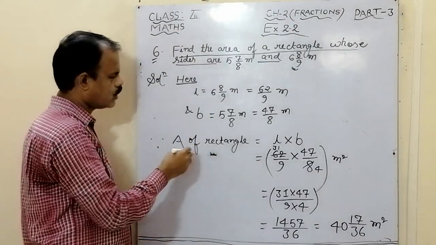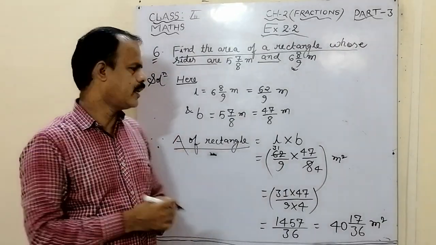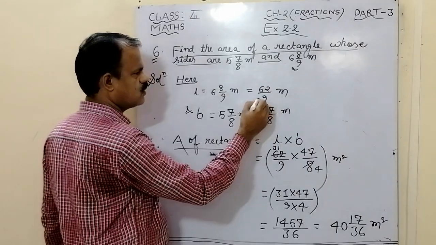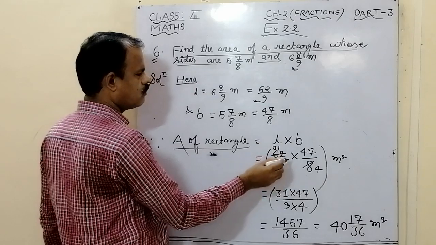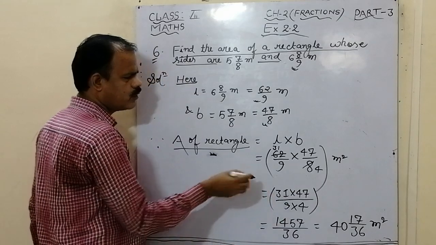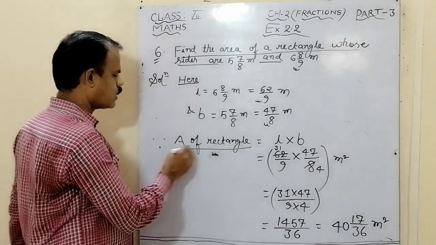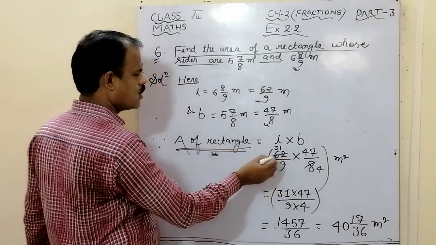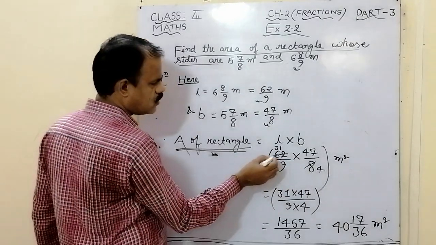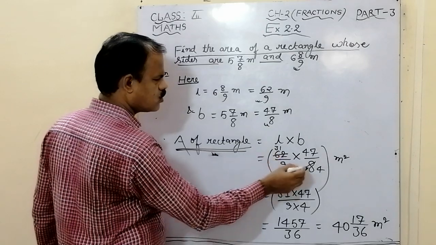Now we have to find the area of the rectangle. So students, the formula for the area of a rectangle is length into breadth. So we write here, in place of length 62 by 9, multiplied by 47 by 8 in place of breadth. Now we have to cut this. We cut 62 and 8 by the table of 2. 2 threes are 6, 2 ones are 2, 2 fours are 8.